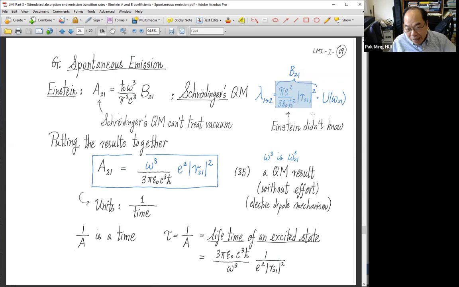We have this B, Einstein's B, times the U. And we know that multiplying this factor in front of the B gives the A. So suddenly we have a quantum mechanical result for spontaneous emission per unit time. So this is the 1 over time quantity, okay?